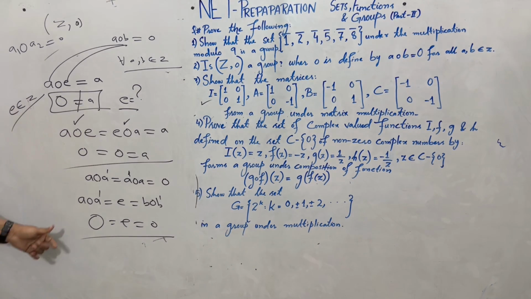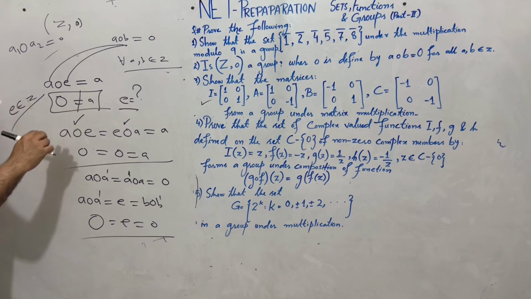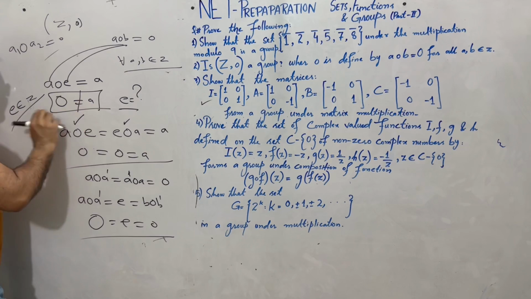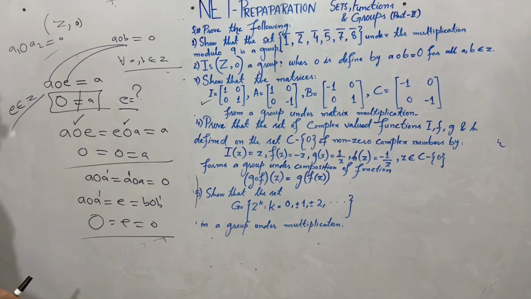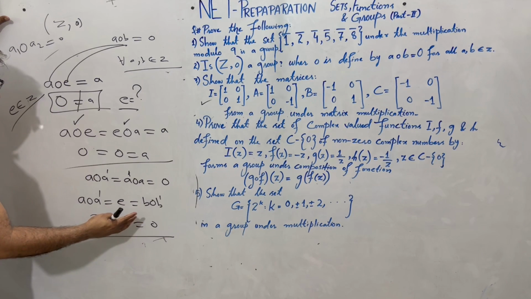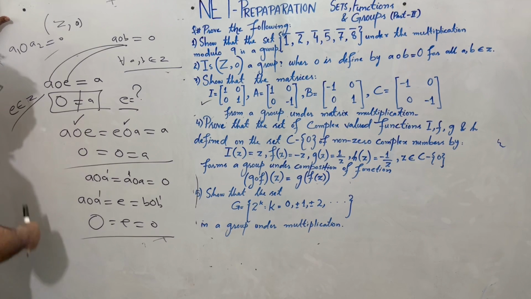So their inverses are not unique, because the inverse of every element is 0. Every element under the binary operation results in 0. We cannot define e properly. Second, inverses are not unique. Inverse of a dash is 0, b dash is 0, c dash is 0.